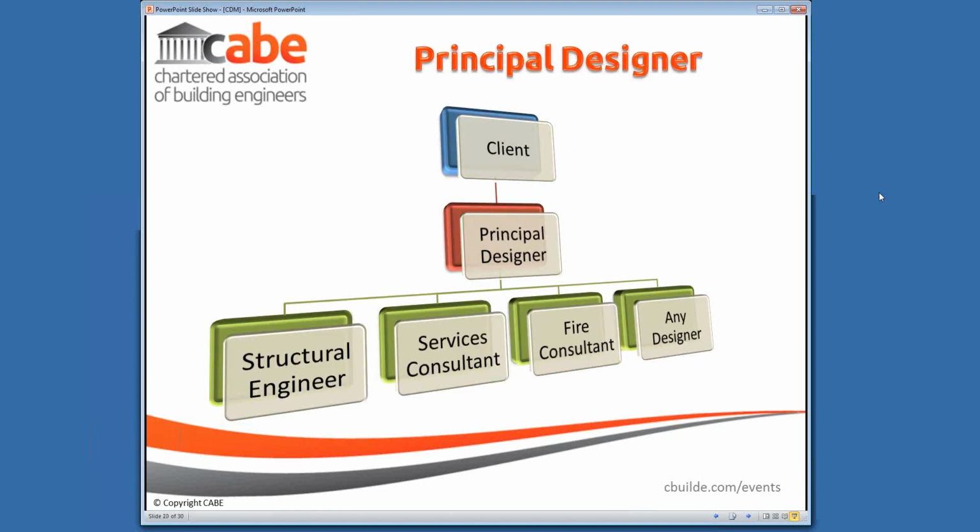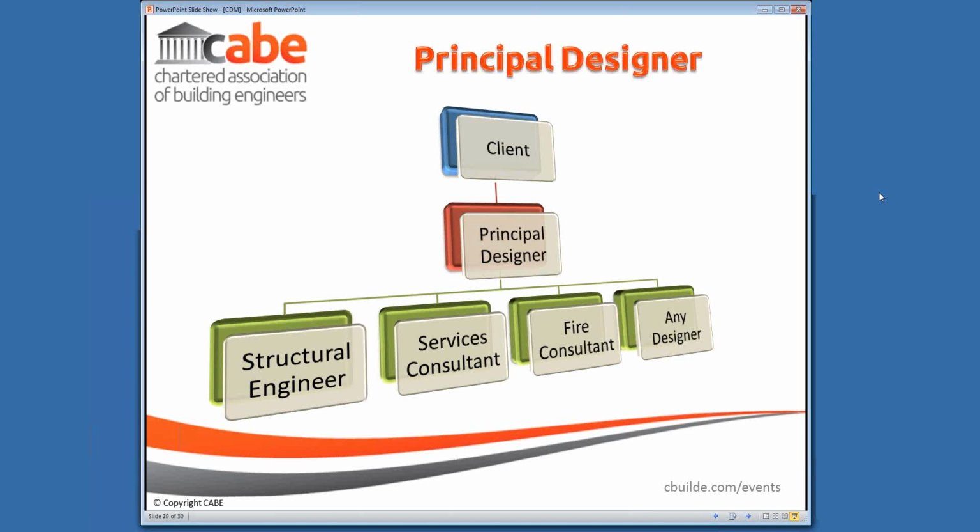In terms of the principal designer and their role, in any given project there will be a number of designers who contribute to the final finished design. The principal designer is usually the one who brings all of that information together and formulates it into the overall project. But it could just as easily be on a first into the process basis.